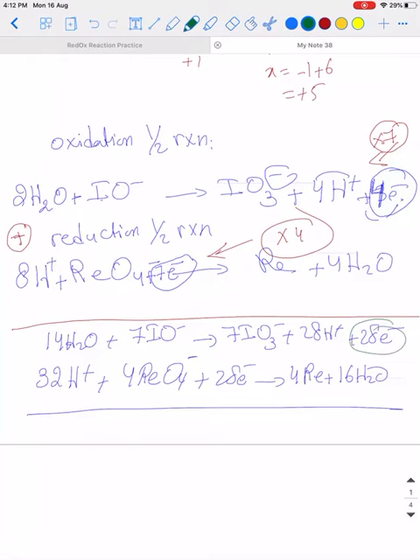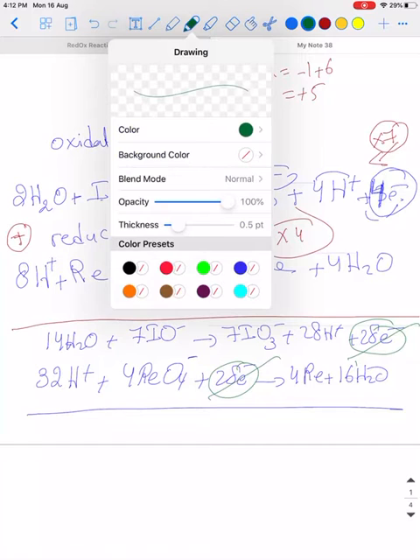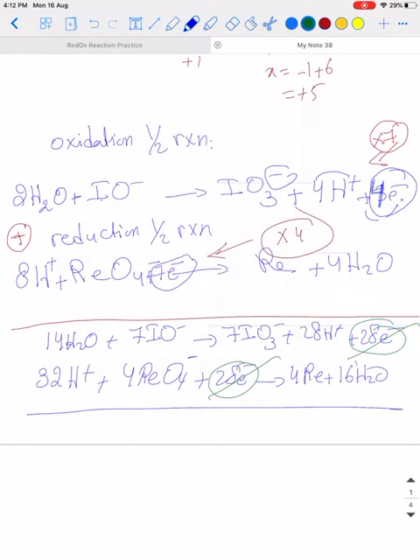Now 28 electrons are on both sides of the equation, so I cancel them. After adding the equations, 14 water and 16 water are on different sides, so I subtract and put the answer on the larger side. So 14 minus 16 is 2, and I put 2 on the product side.